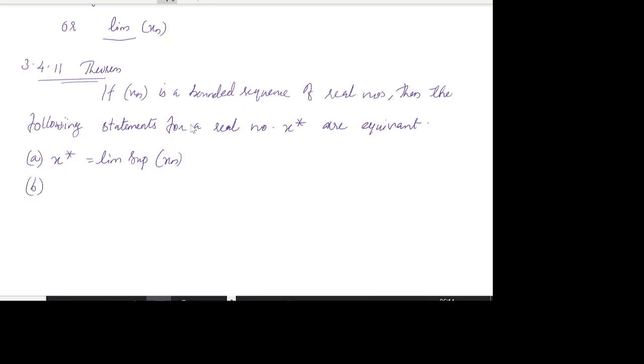B: if epsilon greater than 0, there are at most a finite number of n belongs to N such that x star plus epsilon is less than xn.